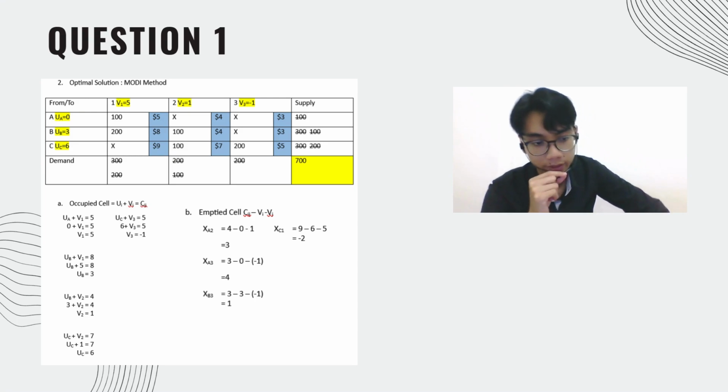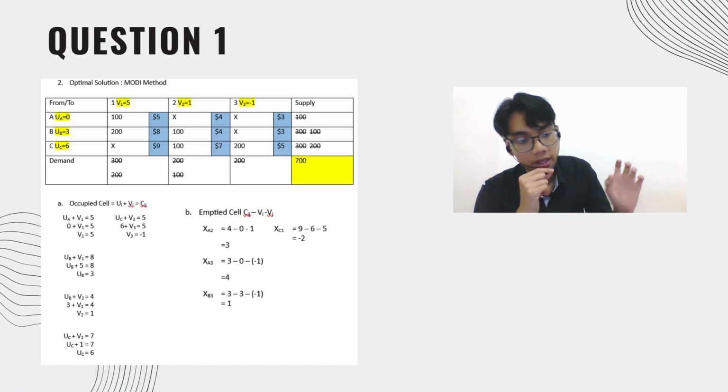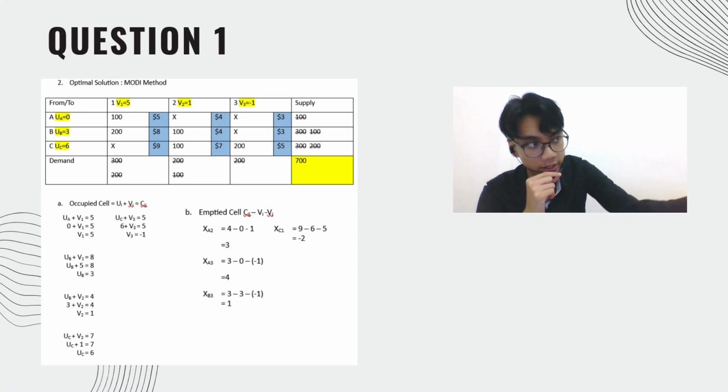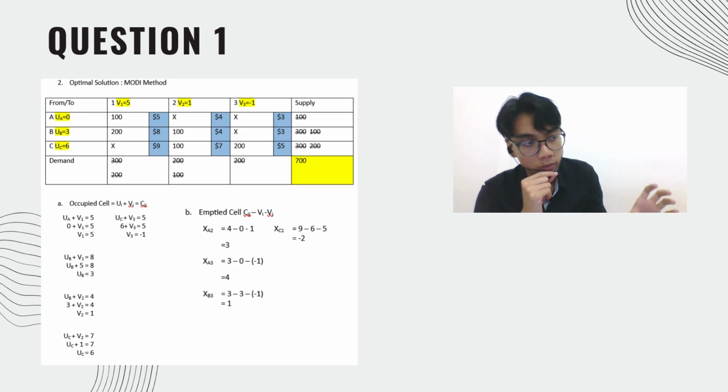Next will be UC plus V2 equals 7. The one that we need to find is UC. So UC plus 1, where 1 comes from the substitution of V2. So UC plus 1 equals 7. 1 needs to be transferred to the right hand side. So 7 subtract 1, we got 6.